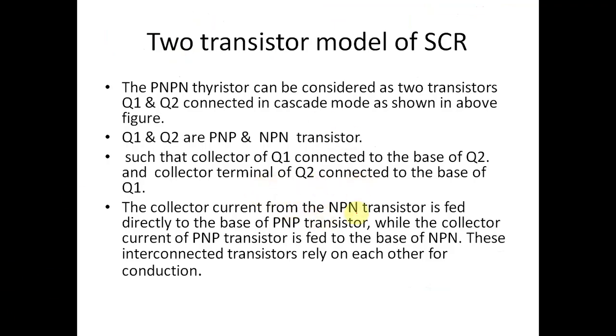The collector current from the NPN transistor is fed directly to the base of the PNP transistor, while the collector current of the PNP transistor is fed to the base of the NPN transistor.